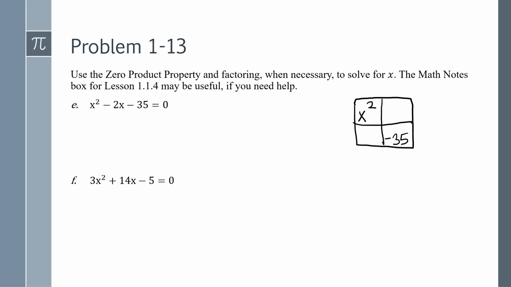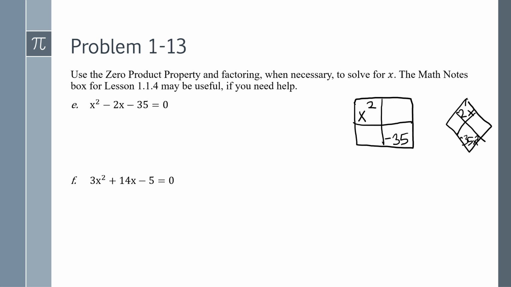Now, the two things in the box, and you maybe remember the diamond game here. So make a diamond. We did this in Algebra 1. The diamond looks like this. So up top, we put what we want the sum to be. So the sum is always going to be equal to the middle thing. In this case, I want a negative 2x, and I want a product equal to the first and last thing. So that'd be negative 35x squared.